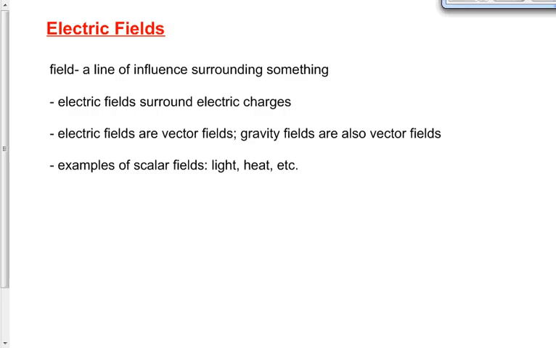All right, let's spend just a couple minutes reviewing yesterday's work. We talked yesterday about electric fields, fields in general, as being lines of influence that surround something. Electric fields are lines of influence that surround objects with charge, versus gravitational fields, lines of influence that surround objects with mass. We talk about this concept of fields in contrast to the concept of force. The difference between them is important, right?